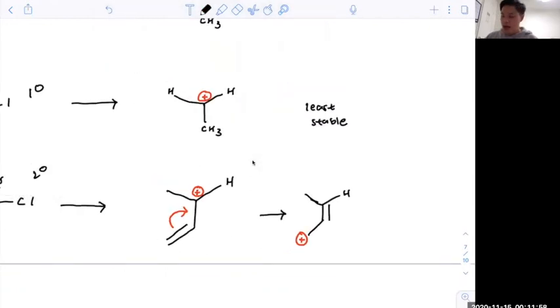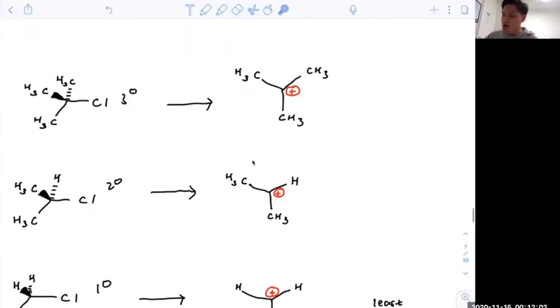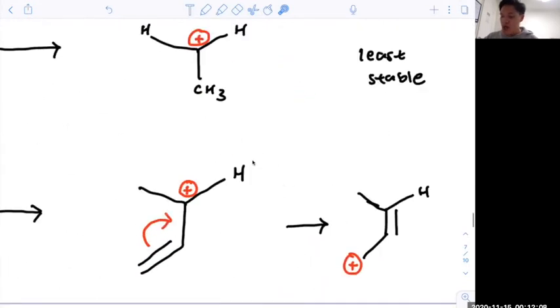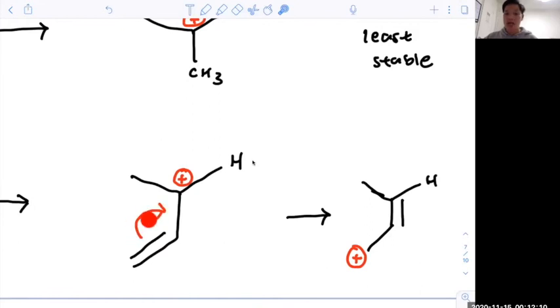But why? It's because now instead of partial donation of electron density, you actually get full donation of electron density here, right?